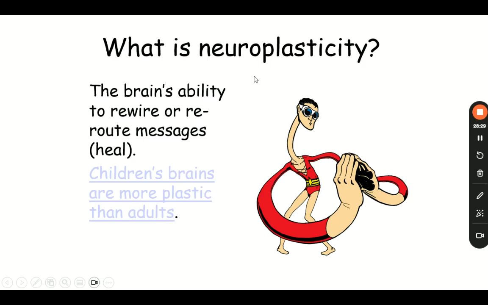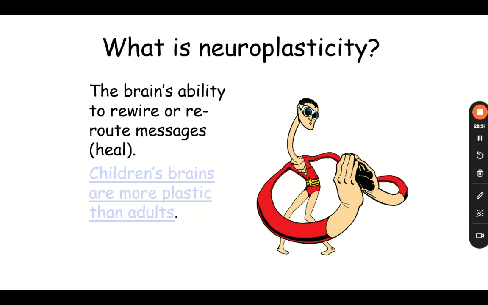All right, write this down. Actually change that into brain plasticity. I believe the new curriculum calls it brain plasticity. Neuroplasticity is fine, but it's brain plasticity. So here's the deal. Brain plasticity is your brain will actually change shape.